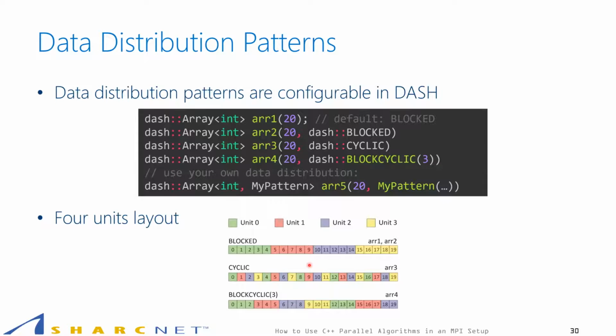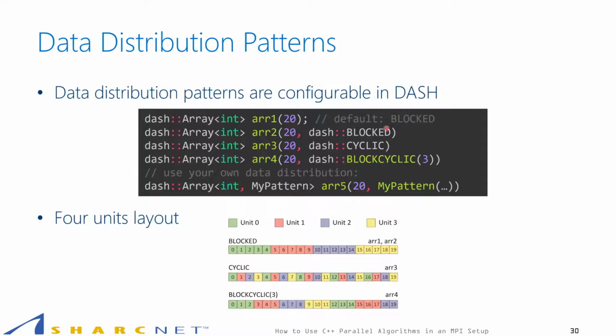Dash also supports data distribution patterns. For example, by default, when you define an array, the default distribution is blocked. But there is a second overloaded argument that you can use to mention the type of the data distribution pattern.